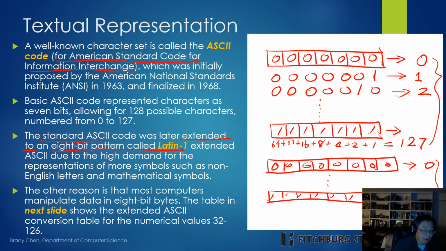For most computer systems, the memory can be divided into small units called cells, and each cell is 8 bits. So with 8 bits, you can store one ASCII code in one memory cell. That's very convenient.